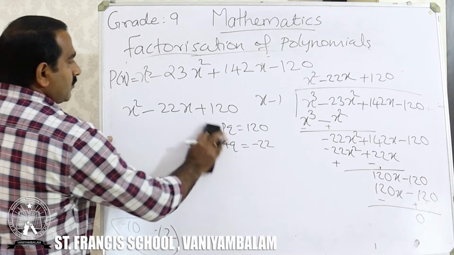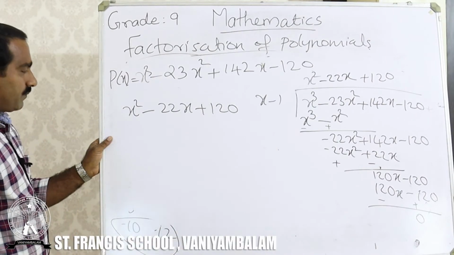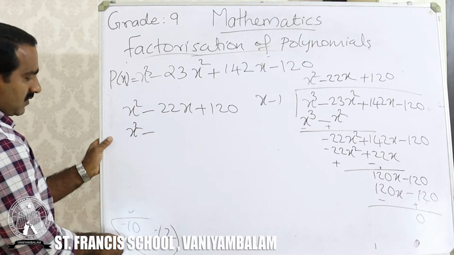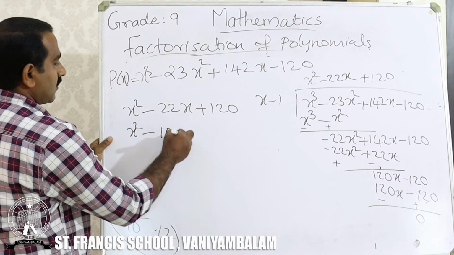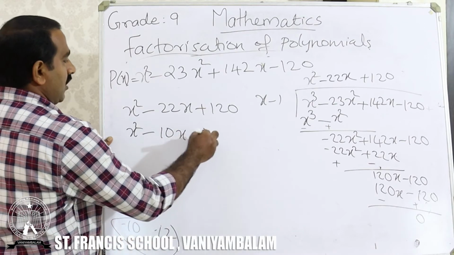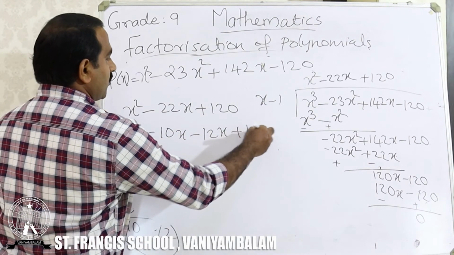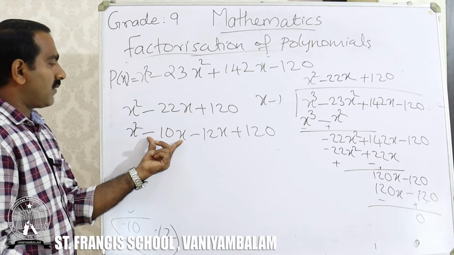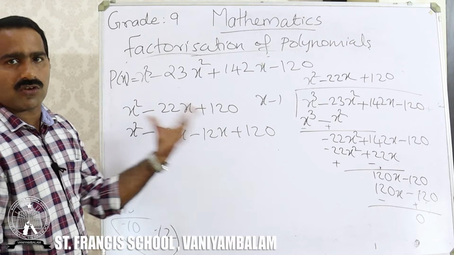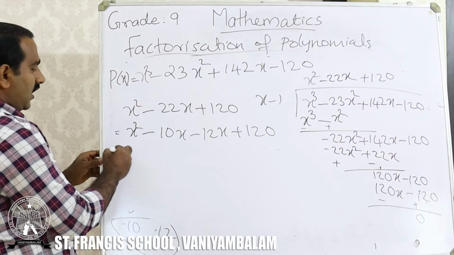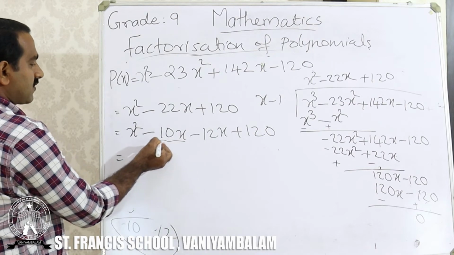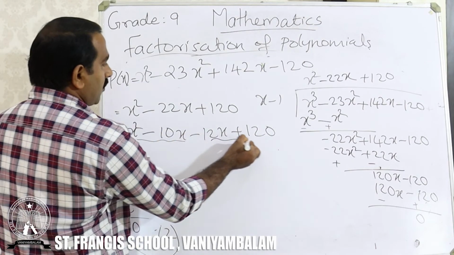So x square minus 22x plus 120 is equal to x square minus 10x minus 12x plus 120. We split the middle term minus 22x as minus 10x minus 12x. Now we are going to group the first and second terms, and the third and fourth terms.